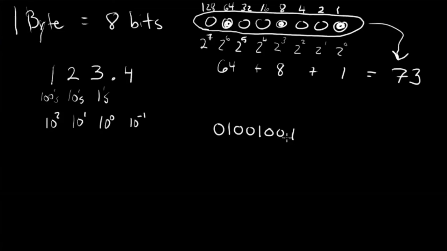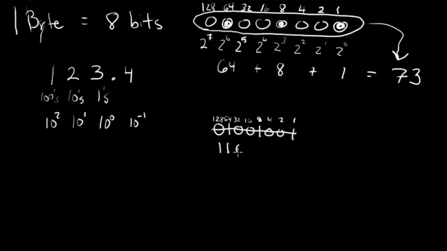Then I'm going to look at these, and if I need to, just think out what these values are. So 1, 2, 4, 8, 16, 32, 64, and 128. So in this case, oh, did I write the same number? Oh, here, let's do a different number.